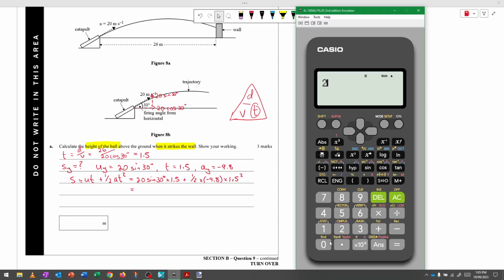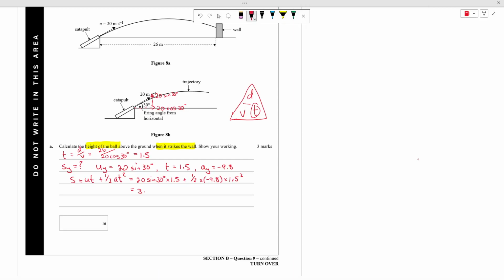So 20 times sine 30 times 1.5 plus half, or 0.5, times negative 9.8 times 1.5 squared. 3.975. So it is 3.975 meters above the ground when it hits the wall.